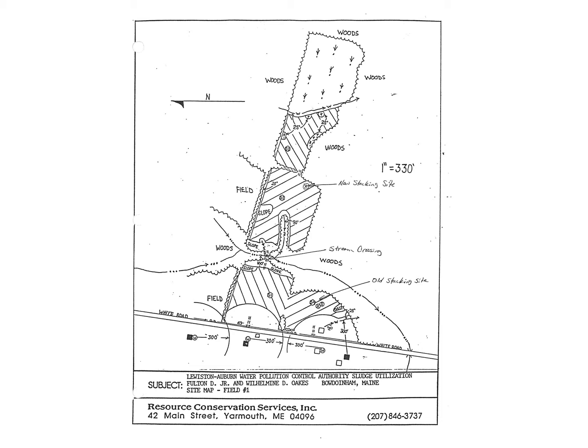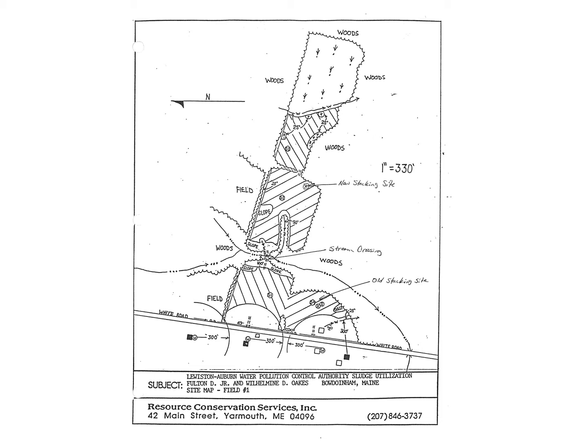This slide is included in order to demonstrate a classic farm field and some of the limitations that are involved in using a permitted farm field. For example, at the bottom of the slide, you can see that there's a 300-foot setback from wells from private residences.